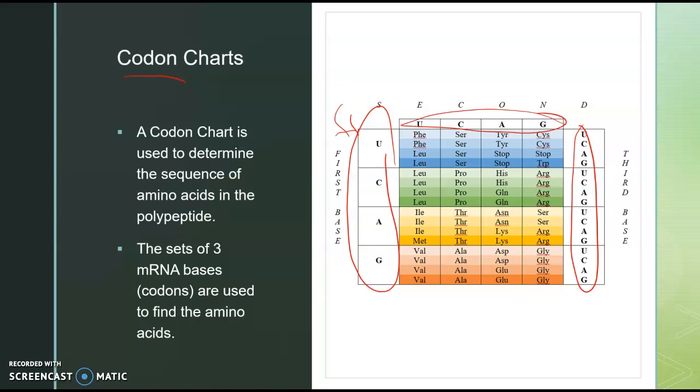The codon chart is used to determine the sequence of amino acids. So, if I have ACU, my first base is lined up over here. So I'm going to find A. It's going to be in this yellow line somewhere. My second base is a C. C is found right there.